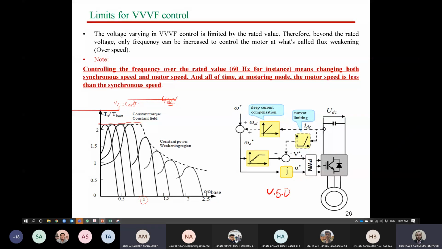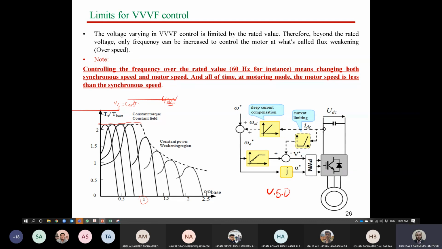Maybe 5%, 10%. Yes, 5 to 10% may be acceptable. But over this value, it will be a big problem because it affects the insulation of the winding. So we do not prefer to operate the machine at a voltage higher than the rated one.